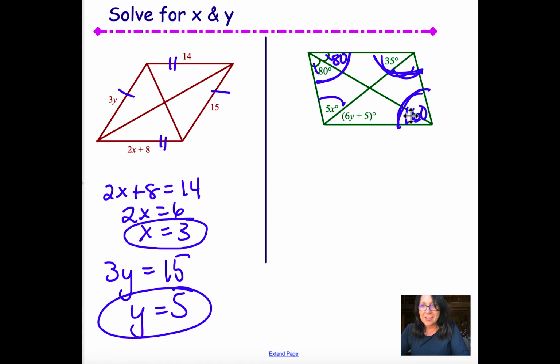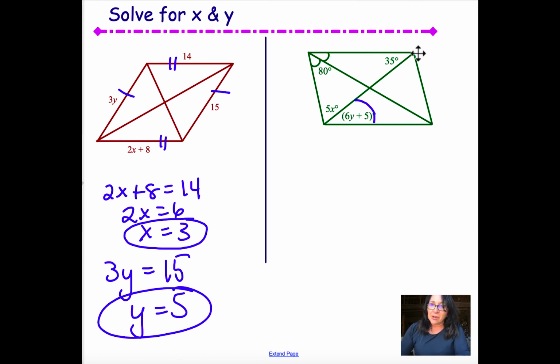So there's the problem, because that would make that 20 and it's already 35. Okay, so this one actually has a little bit of an issue. Let me look at y for a second. So I'm assuming then that these little lines are not congruent. So let's just look at y for a minute.